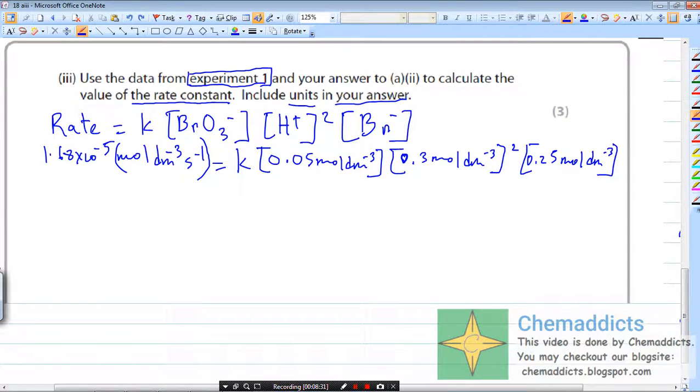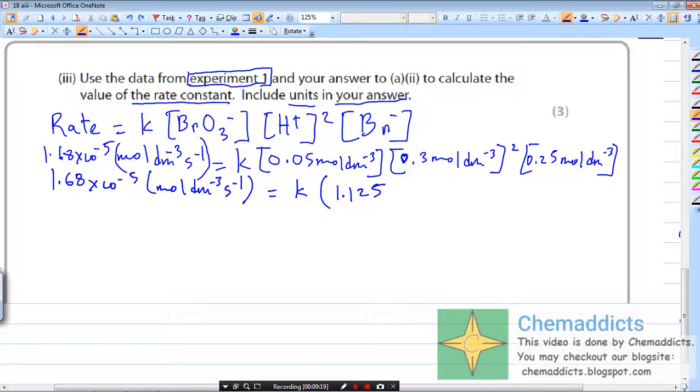Now let us simplify this. If we have calculated, we will get 1.125.